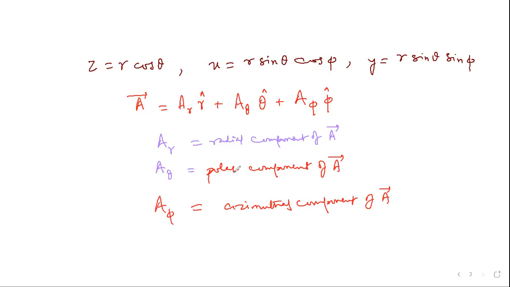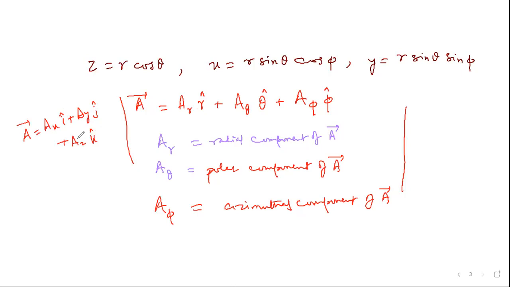There is also a relationship between, let me first remind you how we write a vector in Cartesian coordinates. A_x i cap plus A_y j cap plus A_z k cap, right?